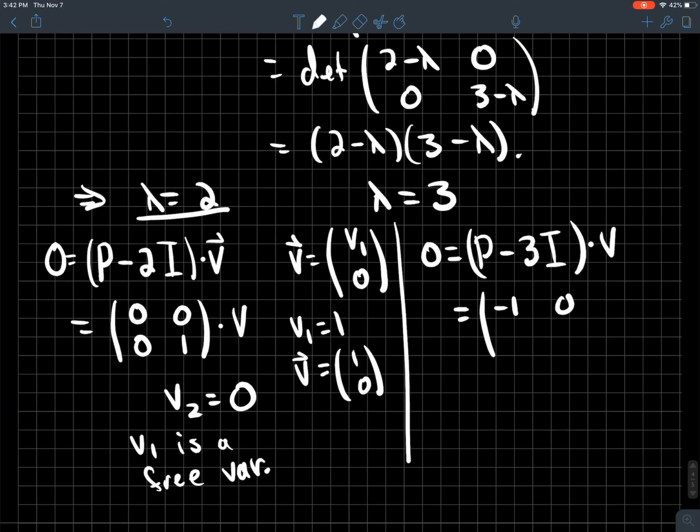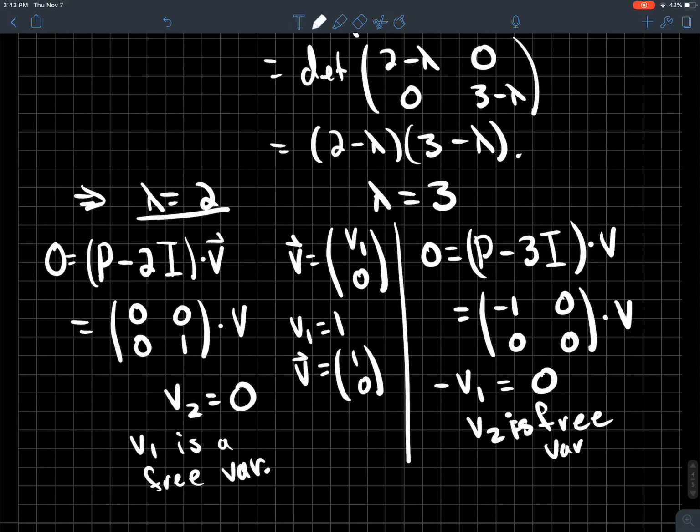We get 0, 0, and 0 times V. So what we have here is that V1 times negative 1 is 0, while V2 is a free variable.